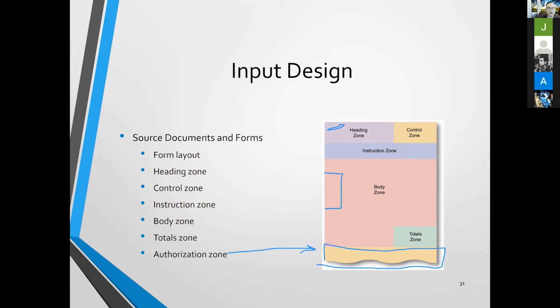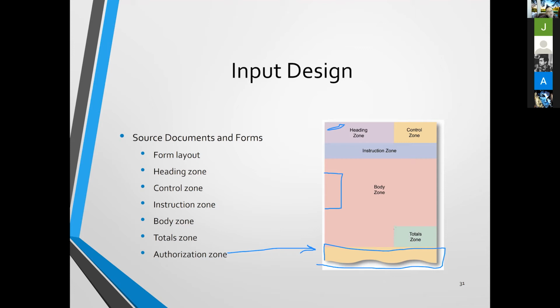And the total zone is on the bottom right corner here. You find the total amount of money that you would like to buy from us. That is the total zone.